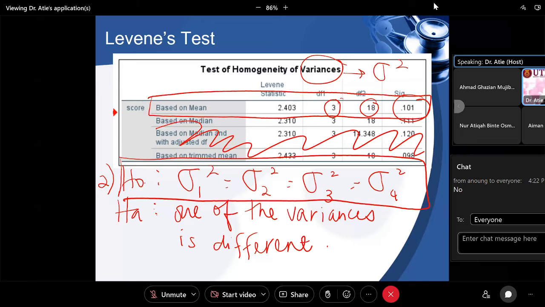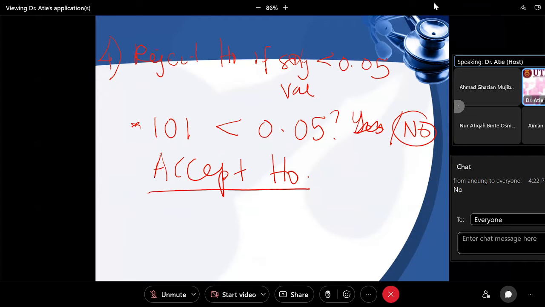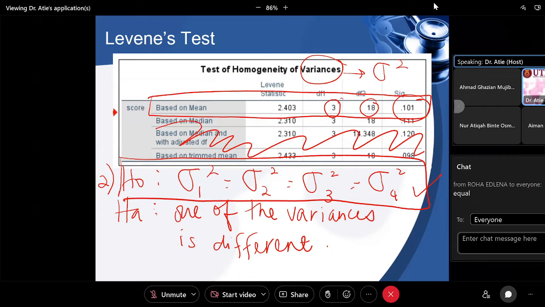Okay, so what can we conclude? Are the variances equal or not? Can somebody tell me? We accept our H naught. So what can we conclude? Equal. Yes. Because H naught means variance of sample 1, sample 2, sample 3, sample 4 are the same.